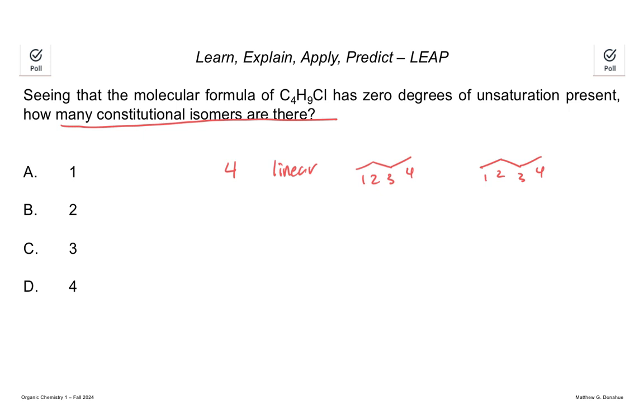We got to stick a chlorine in there, so we'll put it at carbon 1. So this would be called 1-chlorobutane. Another isomer, we'll stick it on carbon 2. That's 2-chlorobutane. So you can't stick it on carbon 3 because really all you're doing is just redrawing the 2-chloro isomer. And the same for carbon 4, you're just redrawing the 1-chloro.